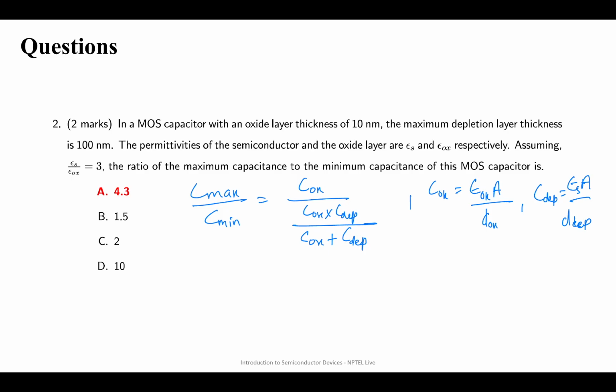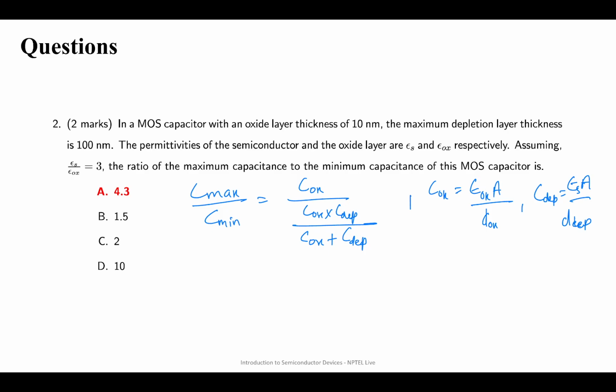So in the accumulation, the capacitance will be equal to Cox, which will be epsilon ox by 10 nanometers. But in the inversion region, you will have two dielectrics, one is your oxide and one is your depletion region, so two dielectrics in series.